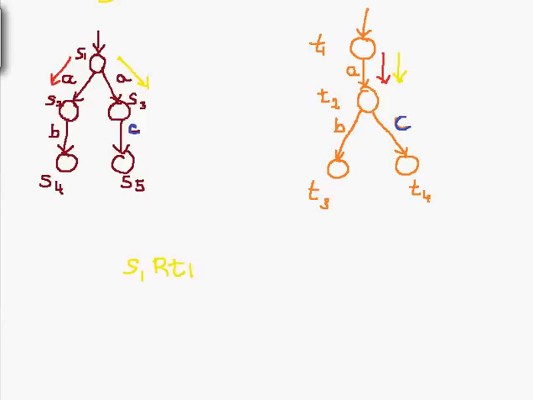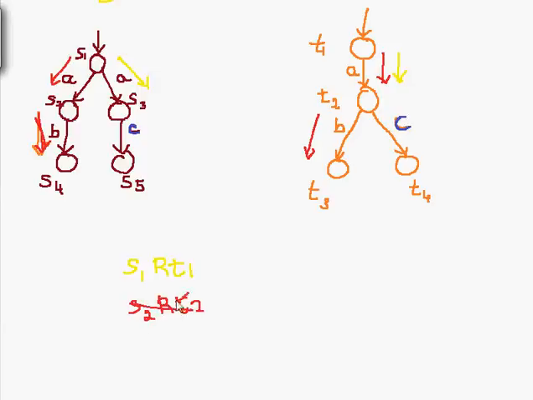Now let me consider the second part of this. S2 has a B transition to S4. T2 has a B transition to T3. Now, can I tell S2 is related to T2?